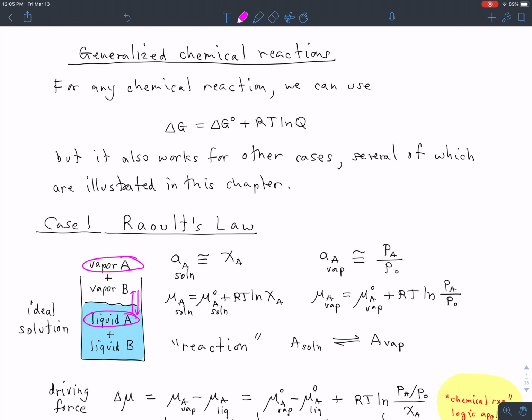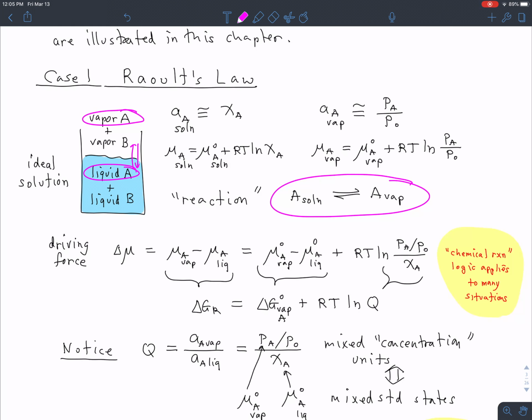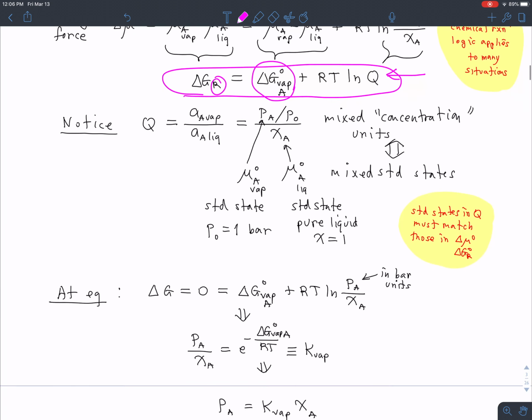A in the solution phase or in the mixture phase goes to A in the vapor phase, and from that we can write down immediately the Gibbs free energy change for that reaction, and then the Q for that free energy is the Q you would get by looking at the chemical reaction itself. Also, the standard Gibbs free energy change is the standard Gibbs free energy change for the reaction in question.